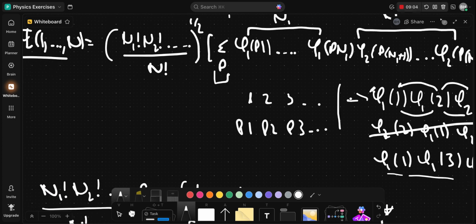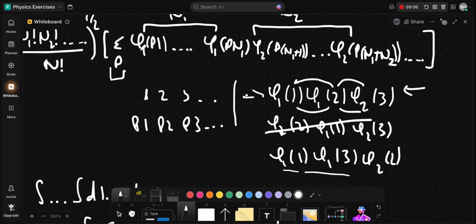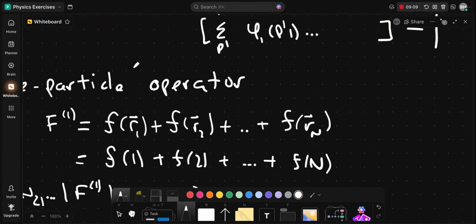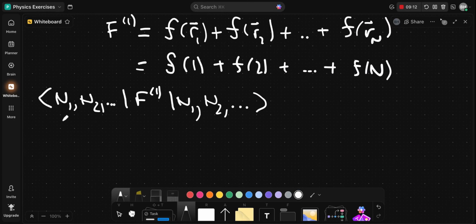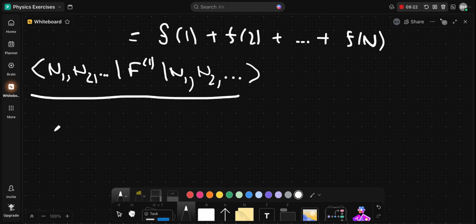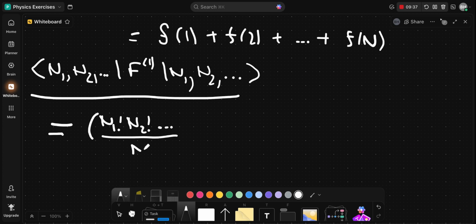We know what this wave function looks like, so we have it written out explicitly. Our first task is to write down this expectation value, which we seek to evaluate. This is equal to a normalization factor squared, that's n1 factorial, n2 factorial, etc., divided by n factorial.